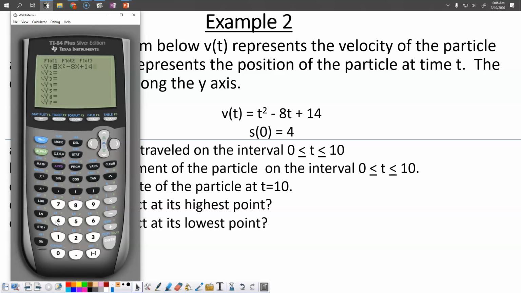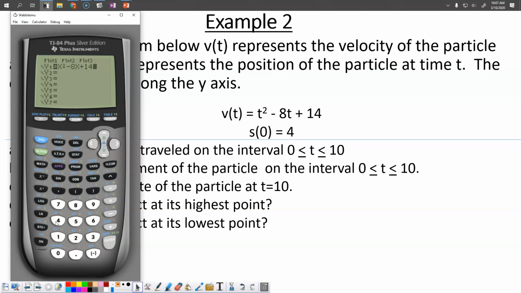Has anybody not got it typed in yet? Clear it, because the one from last class is going to be different. If you want to reset it completely, it's second plus 7, 1, 2.